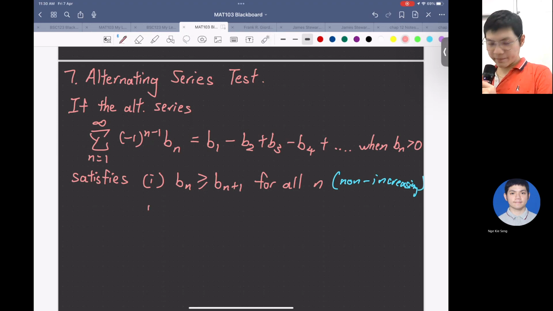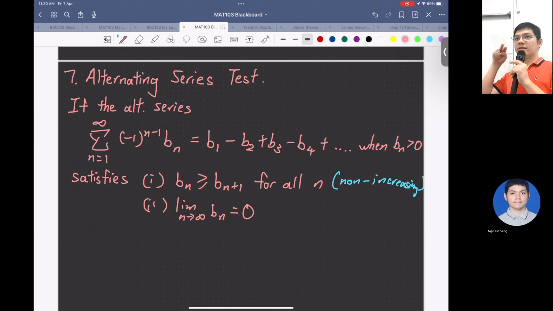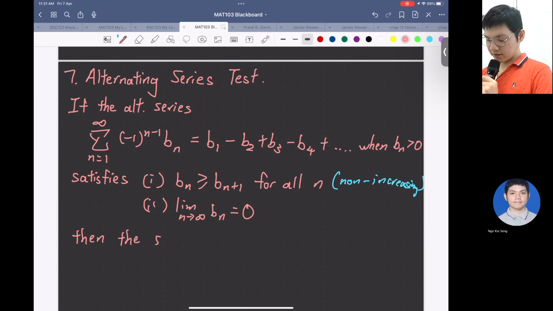Second of all, it diminishes to 0. Every term must diminish to 0. So surprisingly, these two conditions are enough to deduce that our series is actually convergent.